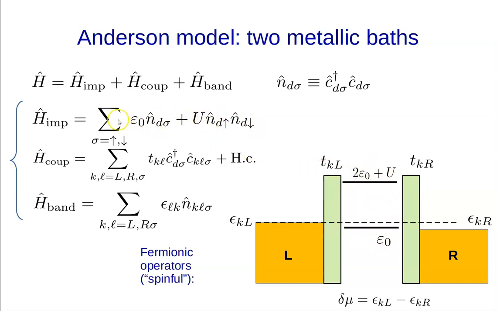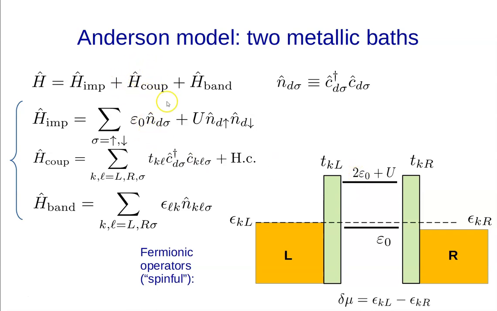So if you want to add a second electron or second particle into the impurity, this will cost you this extra energy U. So if n_d is 2, so n_d up is 1 and n_d down is 1, you would get a factor of 2 epsilon 0 from this term, that's the single particle, plus U. So if you want to double occupy the dot, that's the energy that you need, right? You need this extra energy with respect to the case of the single particle.